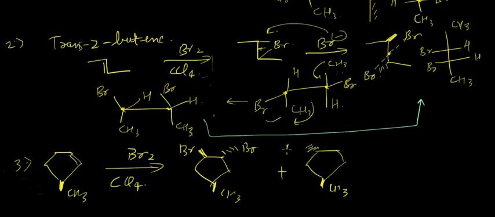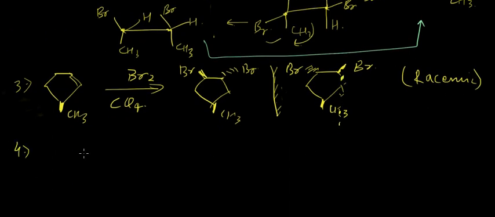Okay, now if you just draw a mirror across this, you will see that these are mirror images of each other. So these two are mirror images of each other, so it's a racemic mixture.